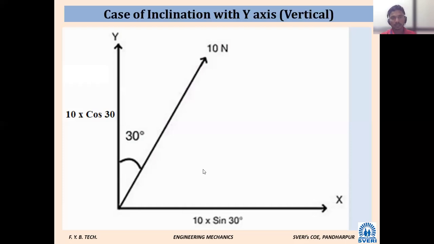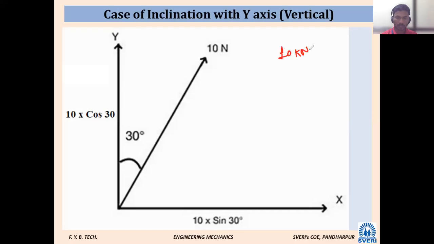Next, one more force. Here the problem statement is not there, so you can write the statement something like this: Find the components of the force 10 kilonewton as shown in the following figure.